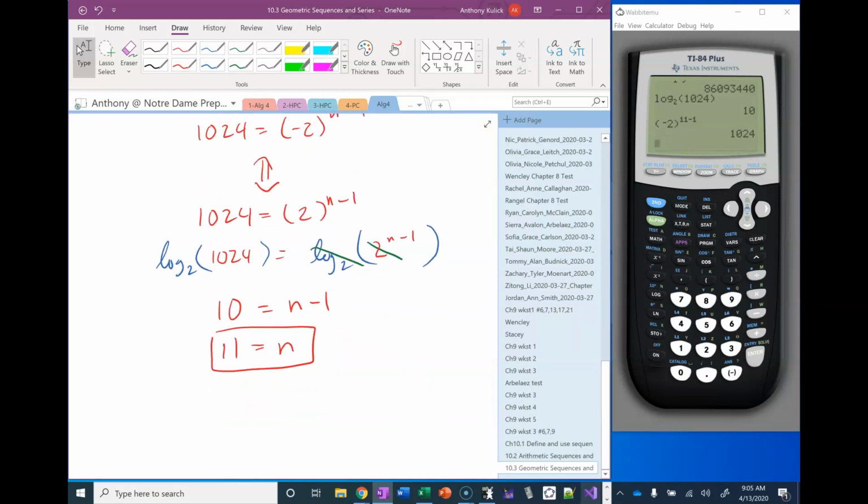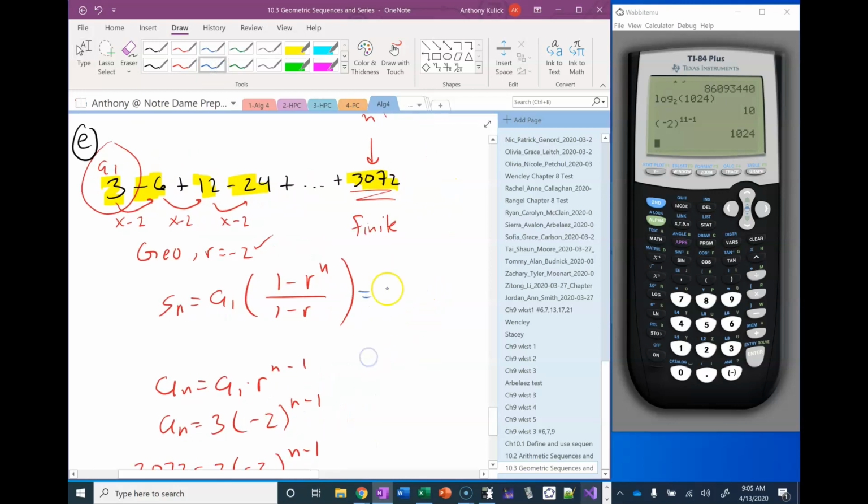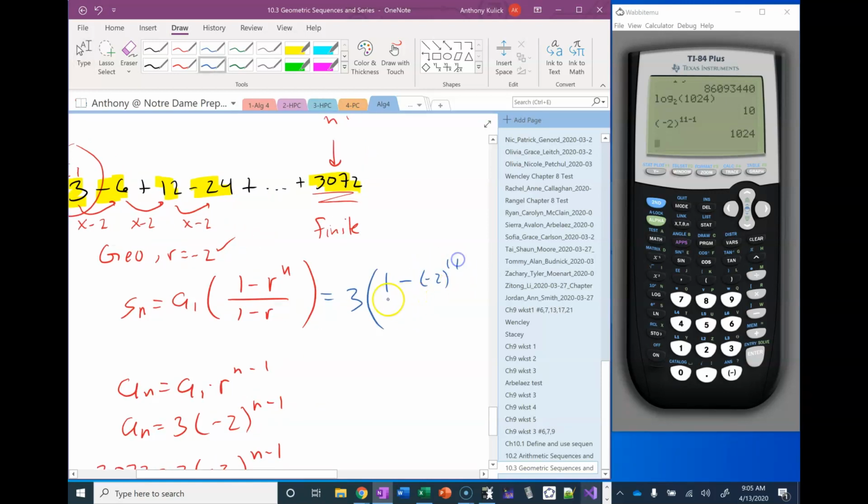Okay, so now we have everything we need, right? We have our n, we have our r, and we have our a sub 1. So all I need to do now is fill them in. I have 3 times 1 minus negative 2 to the 11th over 1 minus negative 2. I'm going to type this into my calculator.